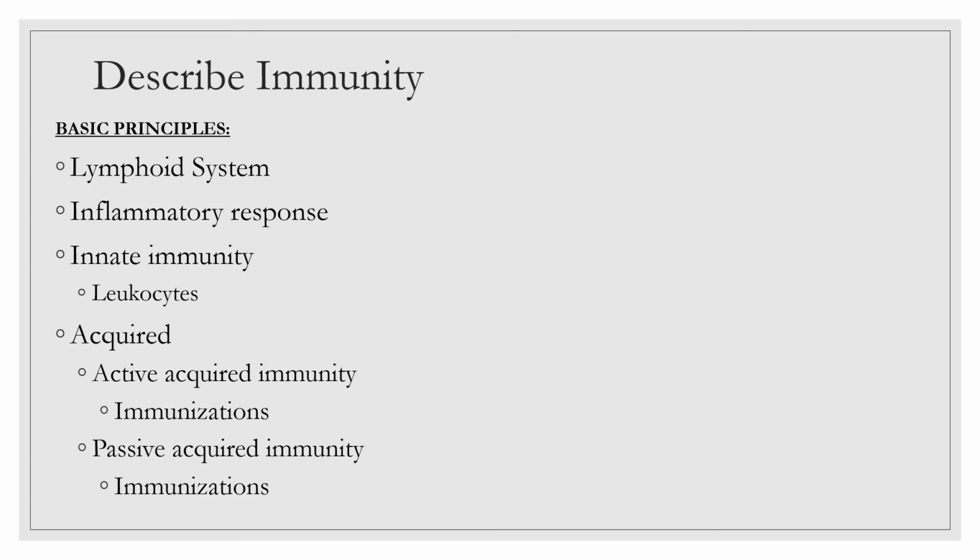So the acquired immune system is two different types. We have the active type, where it's the body's own defense, and then we have the passive type, where immunity is passed from an outside source, such as a mother to the newborn, immunizations, or IV immunoglobulins.